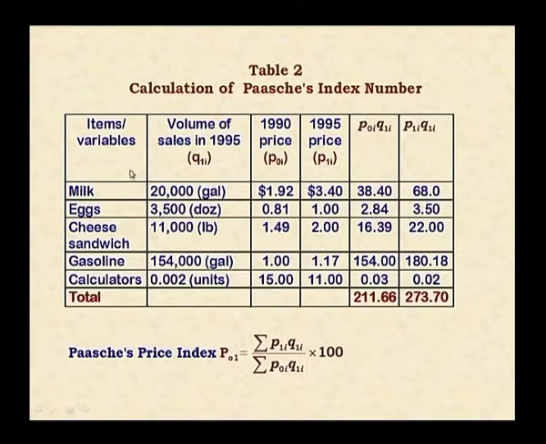And here we have the items like milk, eggs, cheese, sandwich, gasoline, calculators. Now here we see the change.